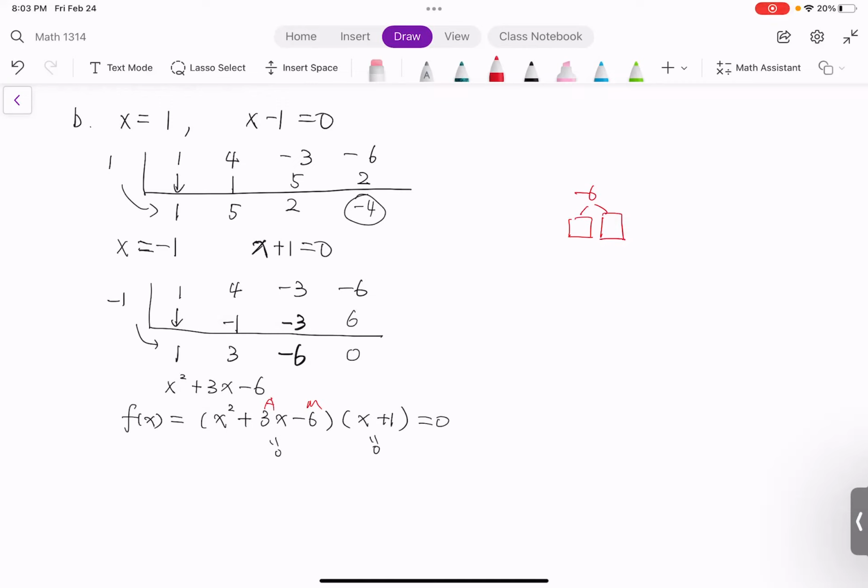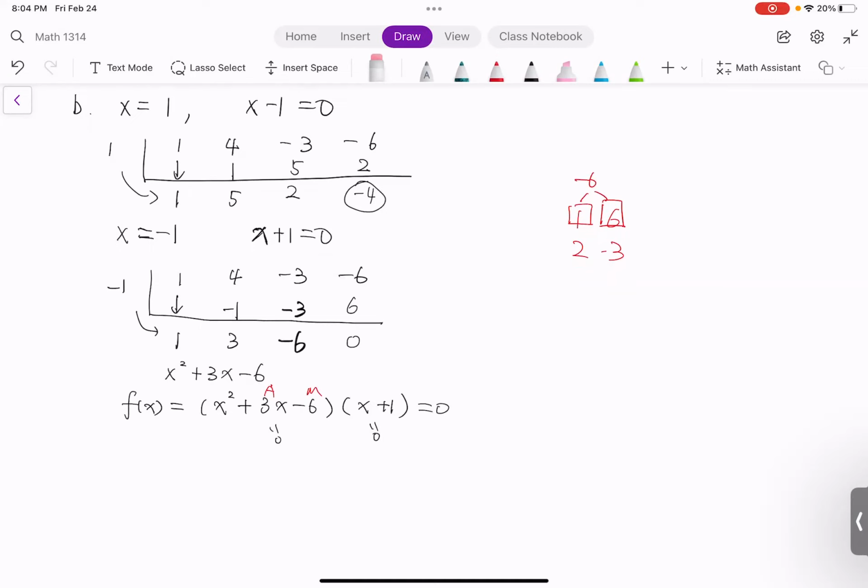We can say 1, 6, doesn't work. 2, 3, doesn't work, because one of them must be negative. If I make a 3 negative, we cannot make a +3. That means this method doesn't work. You cannot try the AC method, because if the AM method failed, the AC method also failed. So we must try some other method.